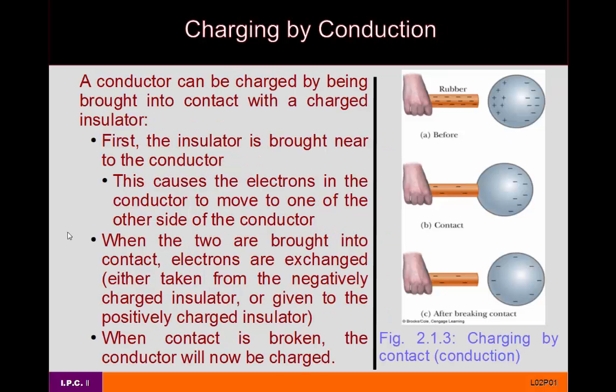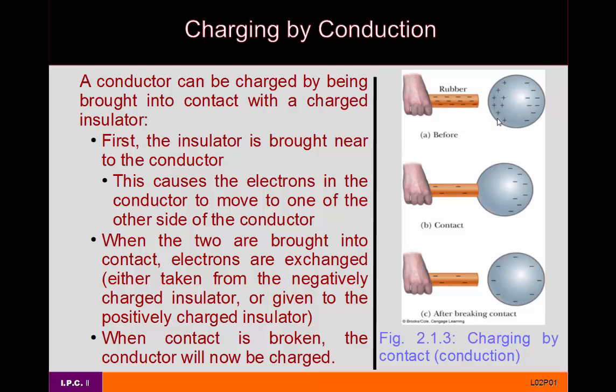So let's look at those two methods in a little more depth. First, charging by conduction. This diagram to the right basically shows the process for charging a conductor by conduction. So the first step, maybe I should say the 0th step, is that you have to have a charged insulator. So for example, you place some charge on a piece of rubber. Maybe you get a negative charge on a piece of rubber, and what happens is you start to bring it close to a conductor.